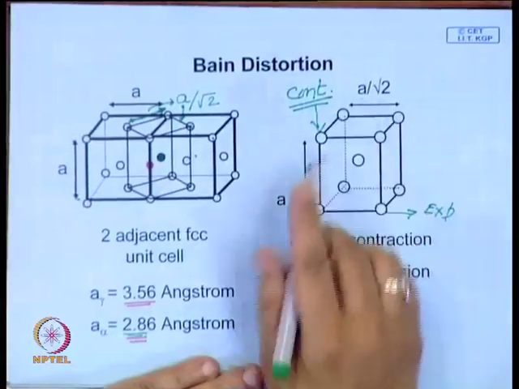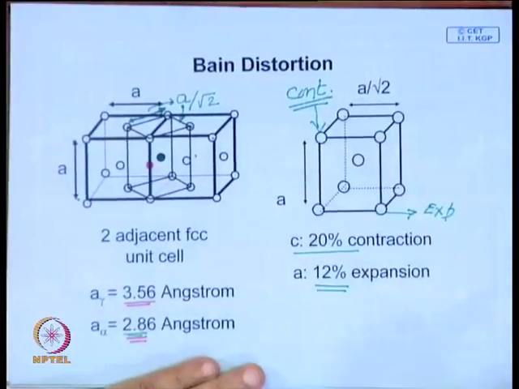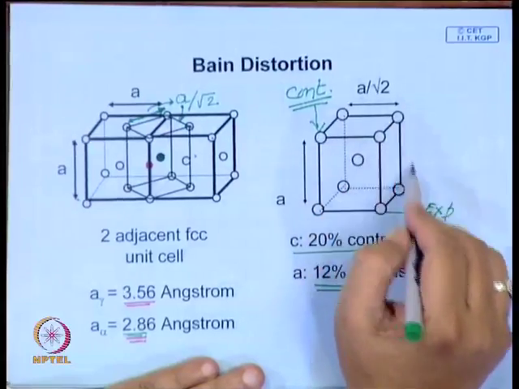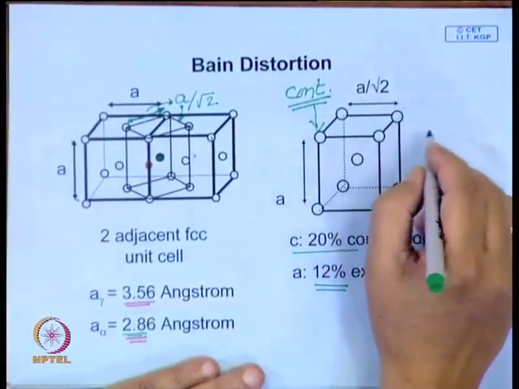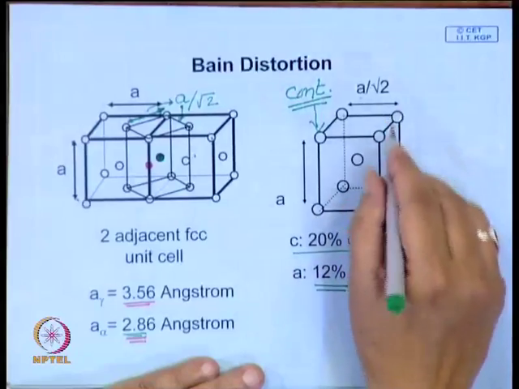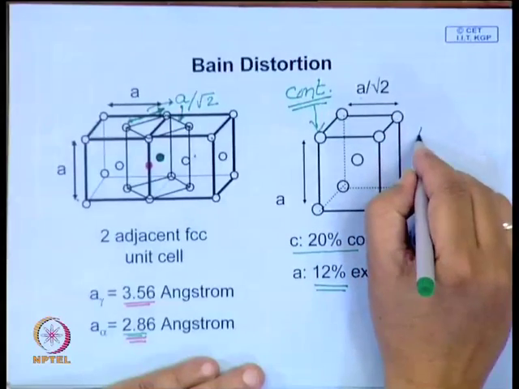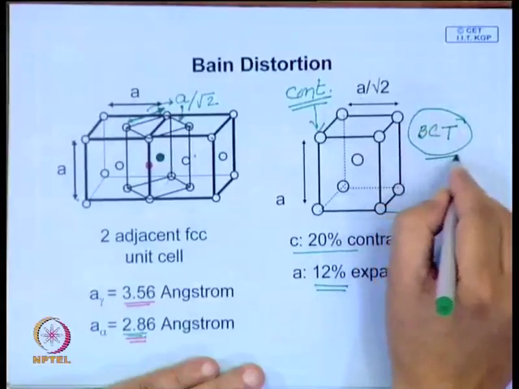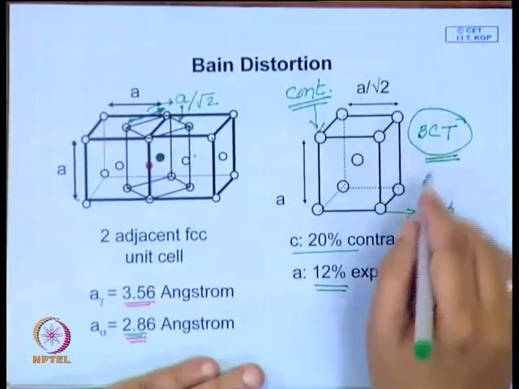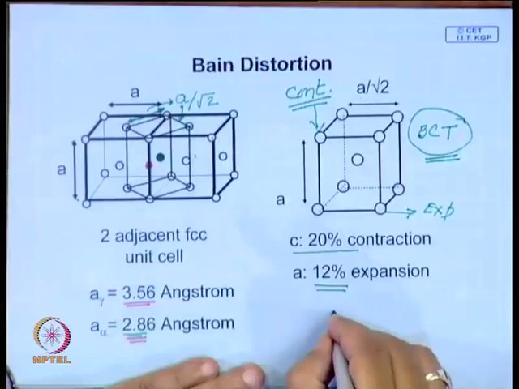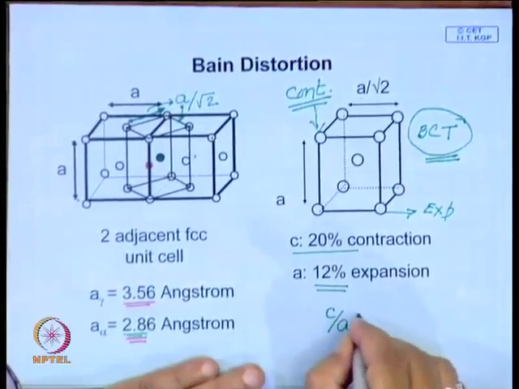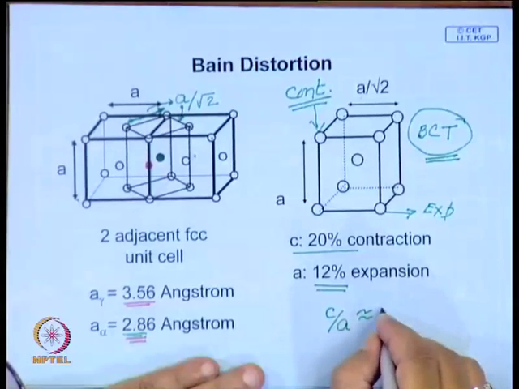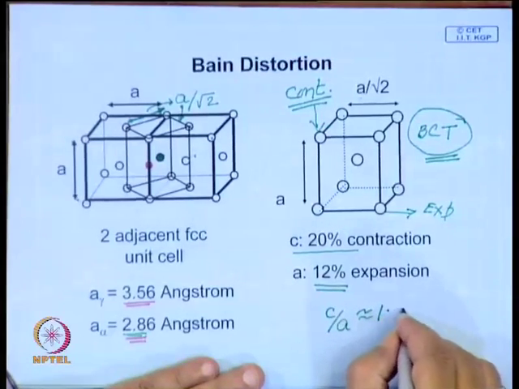And then this becomes equal to this, nearly equal. If you have carbon atoms, we will see later, if you have a high amount of carbon, then this lattice gets distorted, it is body centered tetragonal, but the C by A ratio, where this axis becomes C, is not very much different from 1.